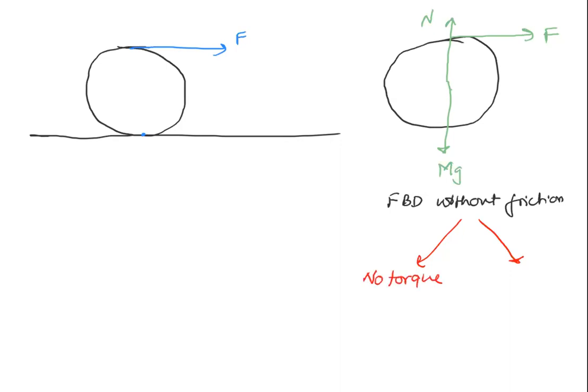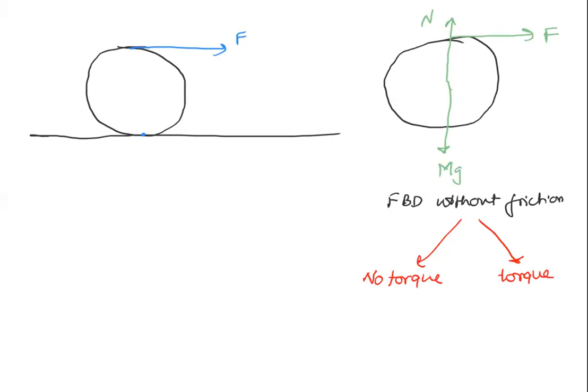That means all forces, when extended, pass through the origin, or in this case, the center of mass, or there will be a torque. So there are only two possibilities when you draw the free body diagram. Either there is a torque or there is no torque.